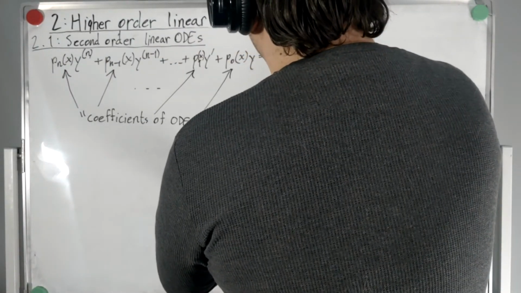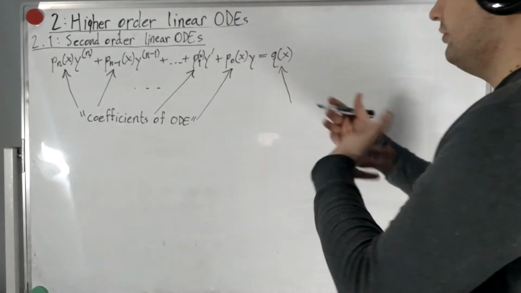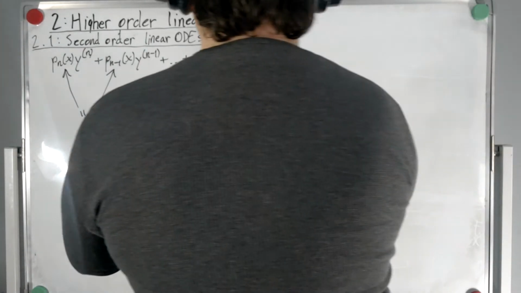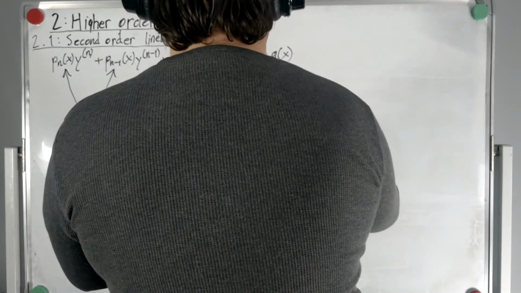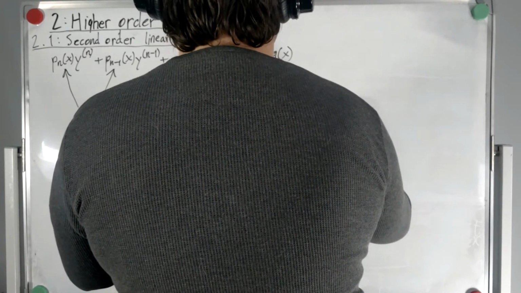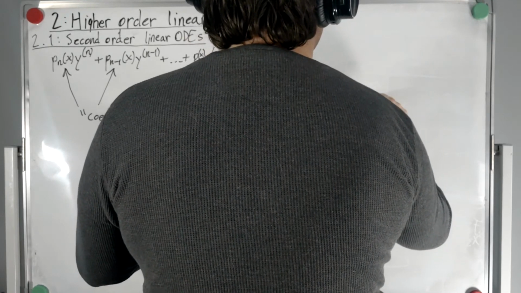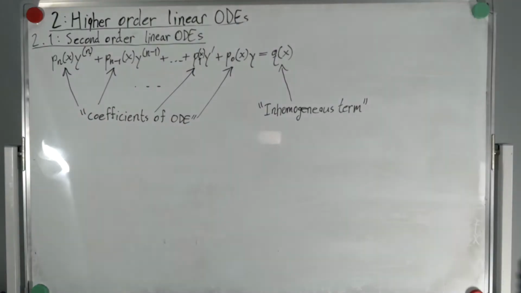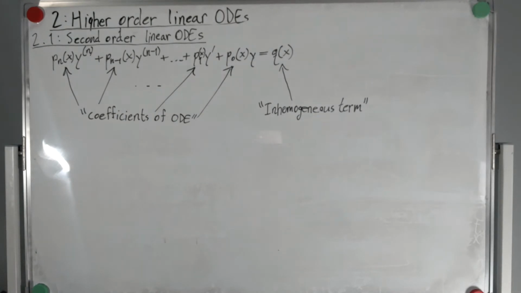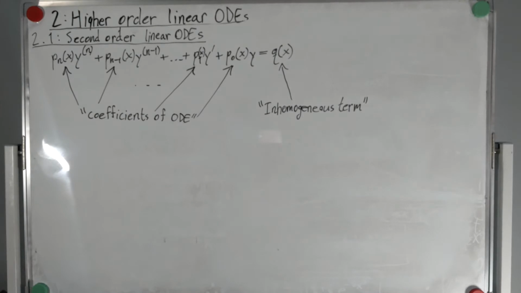And then this one over here, this one that doesn't have a y or a derivative of y attached to it, this one is called the inhomogeneous term. So a linear ODE comes with coefficients and an inhomogeneous term, and it's just a linear combination of y and its derivatives with those coefficients as the weights equal to the inhomogeneous term.